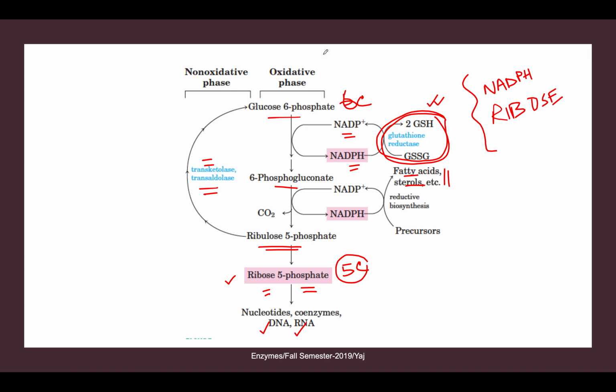So there are two phases in the pathway. One is the oxidative phase, the other one is the non-oxidative phase. If you are able to grasp these concepts, that is all that you will require from the pentose phosphate pathway. So you don't need to focus on any of the intermediates except the ones that are stated in the slide.